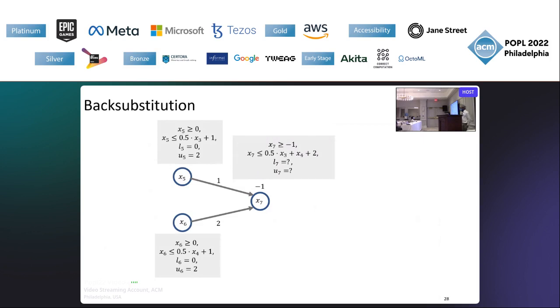If you do that, you would get constraints defined for x7 in terms of x3 and x4. And that's where the design choice of using only one lower bound or one upper bound comes into play. Because if you had multiple bounds, you would have multiple candidates that you can substitute here. For each variable you are trying to substitute, x5 and x6, you would have two choices. That would result in an exponential number of choices. To reduce that, we keep only one upper and lower bound.